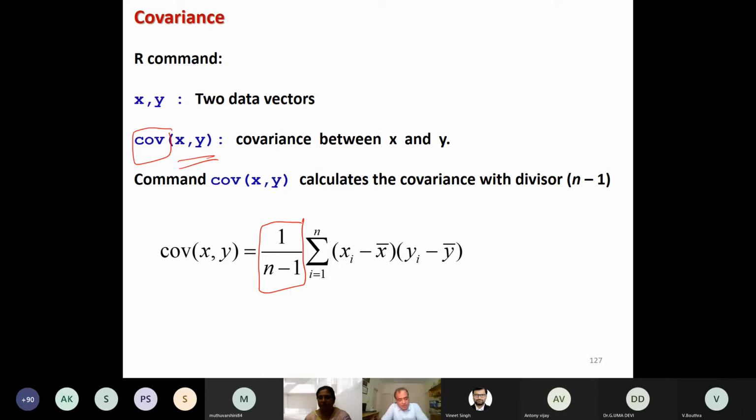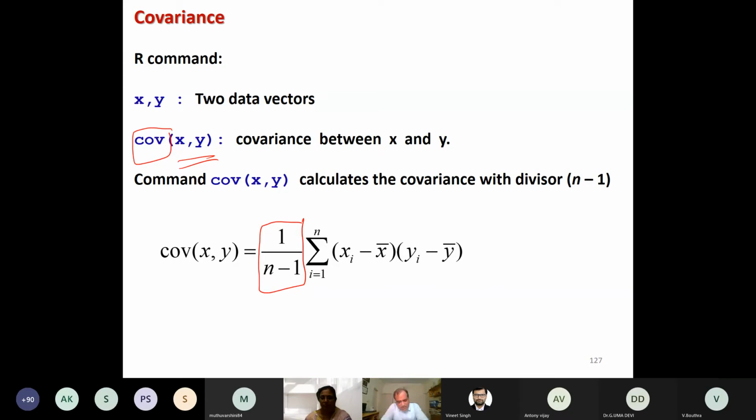But anyway, if your sample is large, it does not make any difference. Otherwise, you can use this covariance function and adjust it by multiplying by n and dividing by n minus 1 to get the covariance with the divisor n.